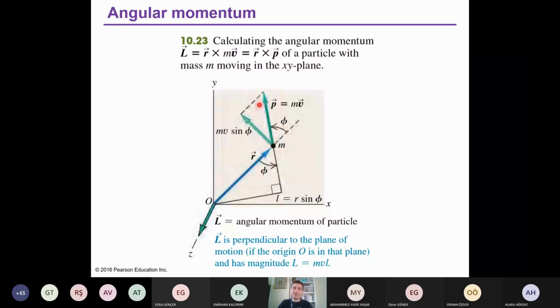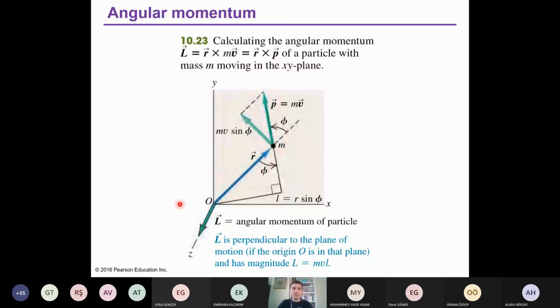If you use the right-hand rule, you can find that the direction of the angular momentum of the particle is along the z-axis. We have the position vector in the xy plane and the momentum vector in the xy plane, but the resultant angular momentum vector is perpendicular to the xy plane. It is along the z-axis.